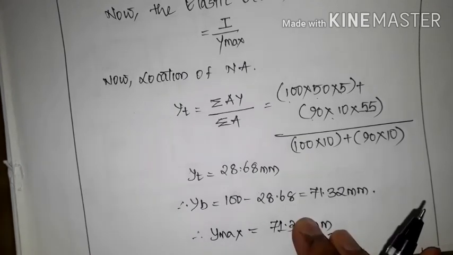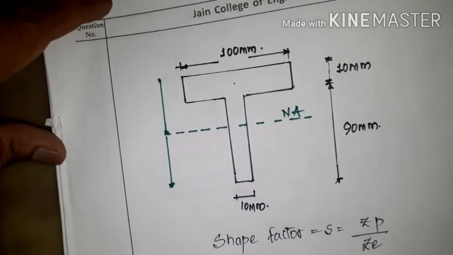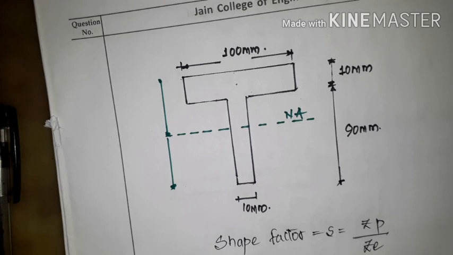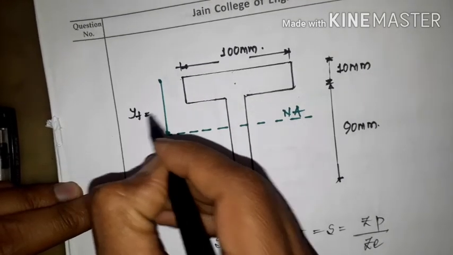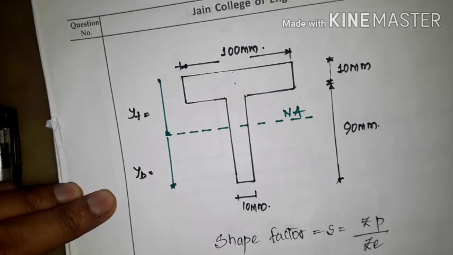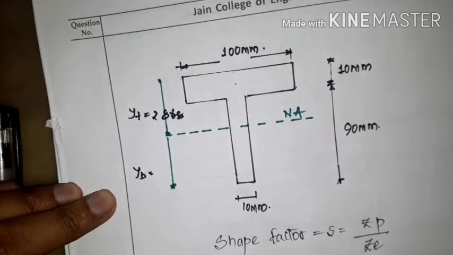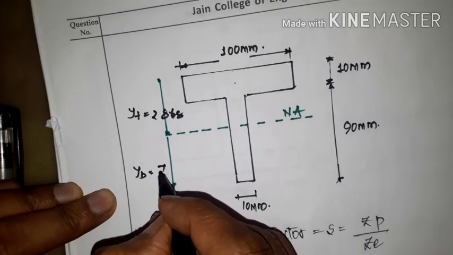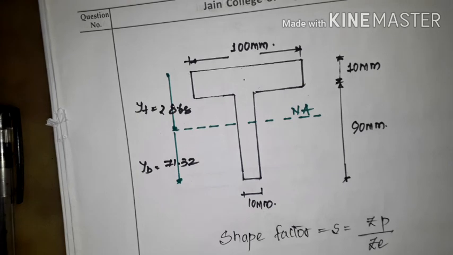Okay. So now we'll just notify that here. This is YT with respect to top and YB with respect to bottom. YT we got as 28.68 and YB we got as 71.32.